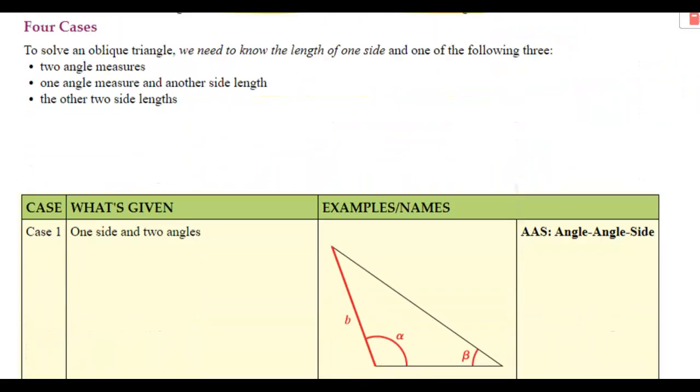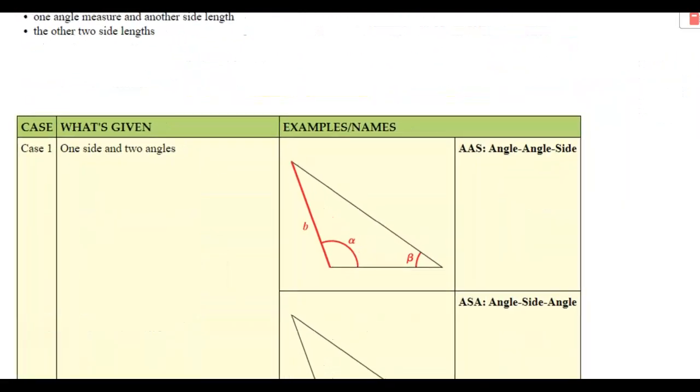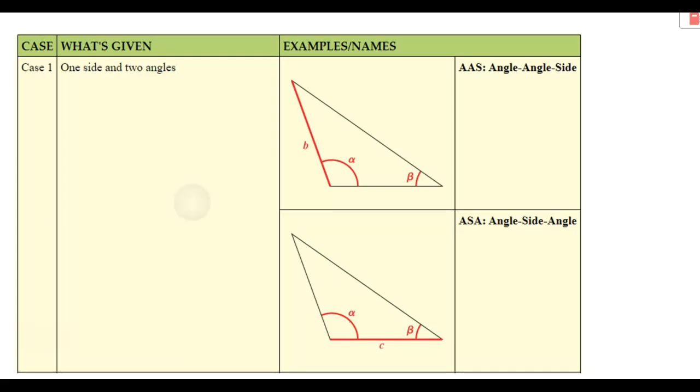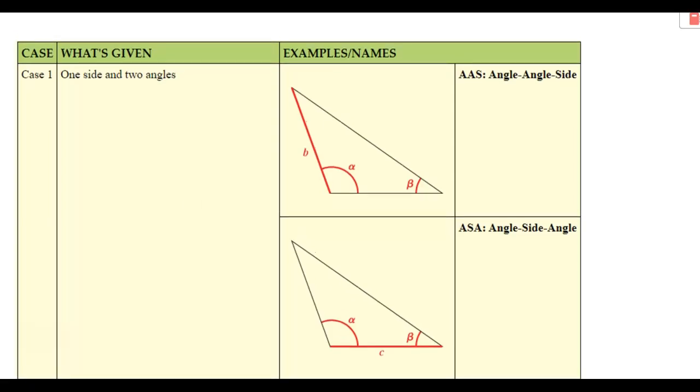Okay, so in this scenario, we're going to talk about different cases. You have seen these in geometry. You might not have seen them for a while, but we talked about these when we did congruent triangles, when we tried to prove that one triangle is congruent to another. So one case is when we have one side and two angles. We could see this in angle, angle, side, or angle, side, angle.